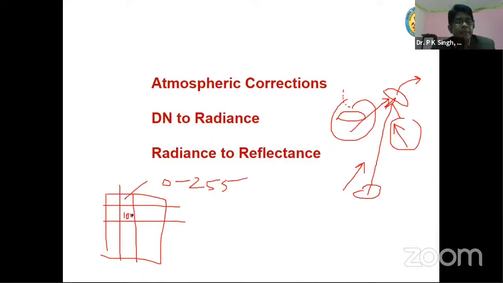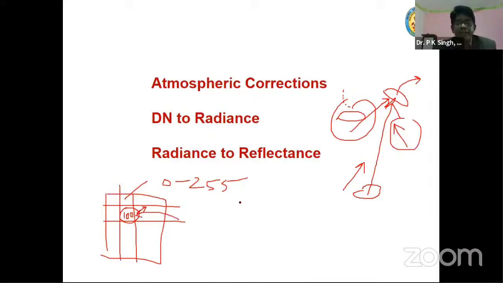That 100 corresponds to the energy received from that pixel, but this 100 is not the exact value of the emitted light.